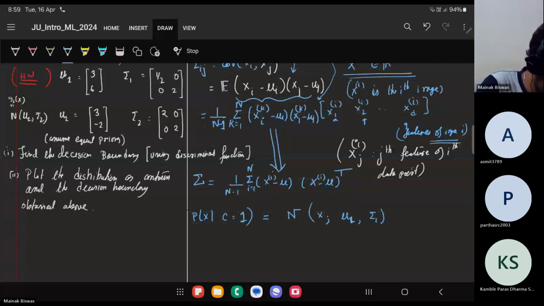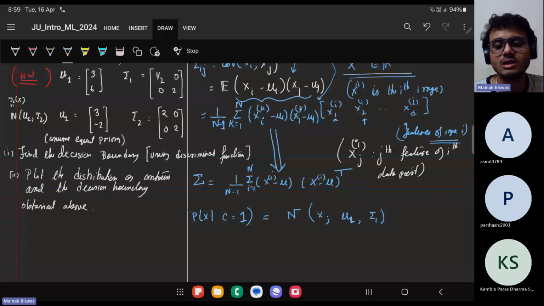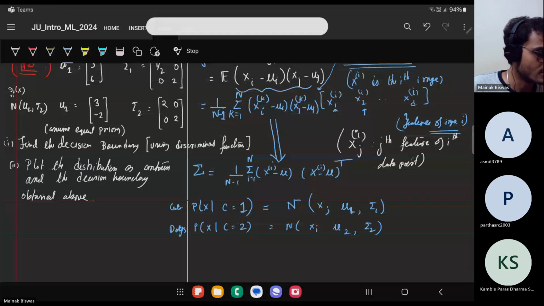Similarly, the cats, and this is the dogs.